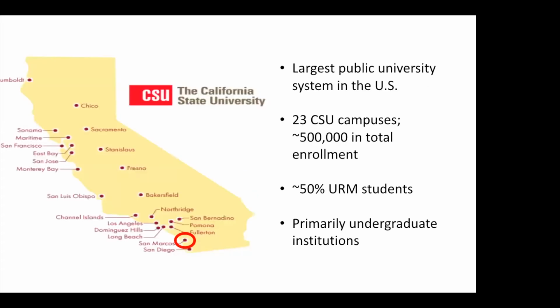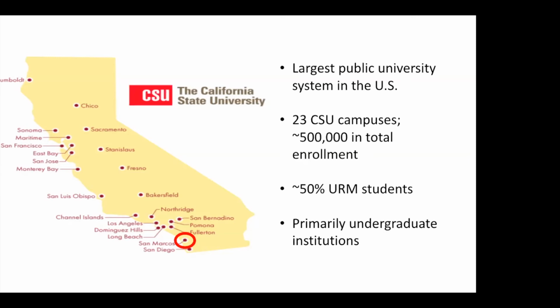So I'm down here in San Diego County. CSU San Marcos is one of 23 campuses of the California State University system. We're the largest university system in the US. We're primarily undergraduate institutions, which differentiates us from our sister campuses, the University of California campuses, which are more focused on graduate education and research.